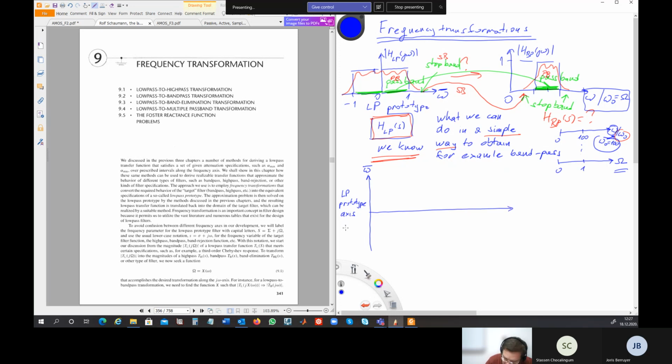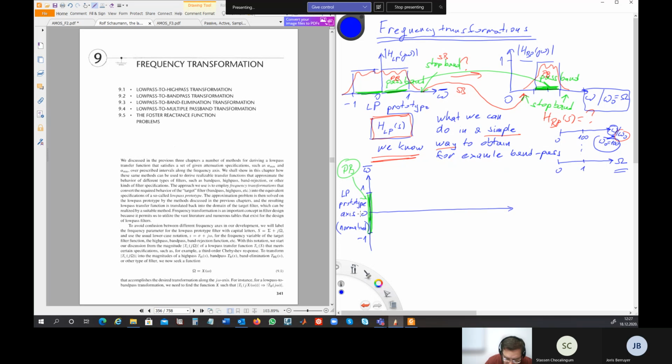And this is normalized, of course. This is as if we divide by some omega 0. And then you can plot this here. The green area as passband. This green goes from -1 to 1.